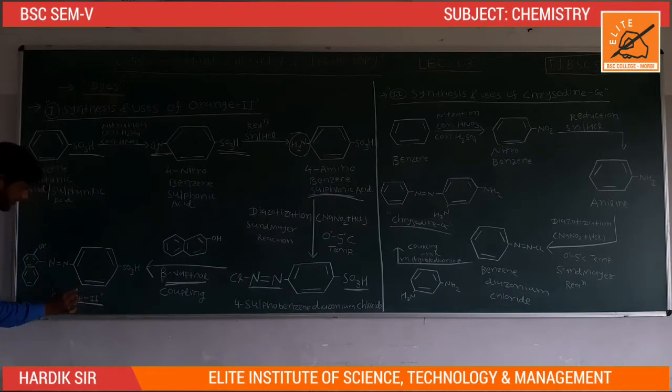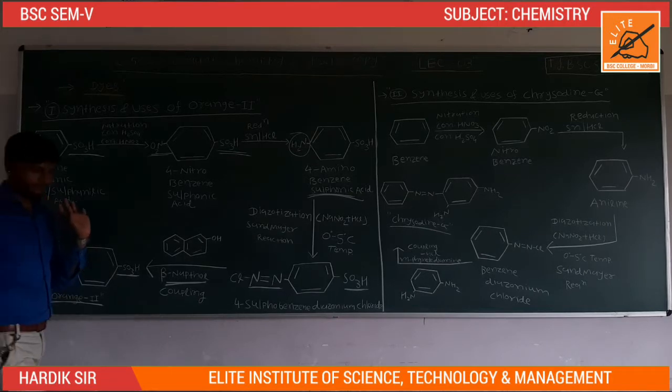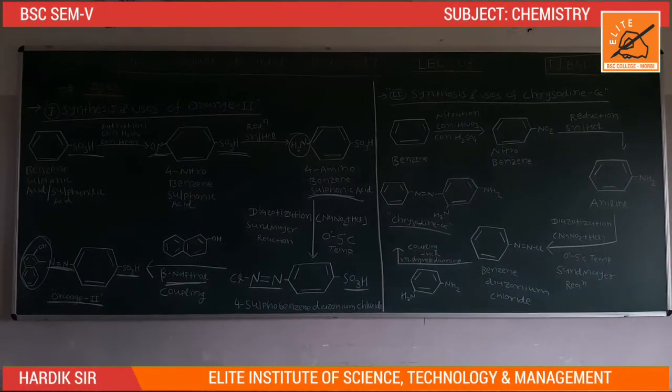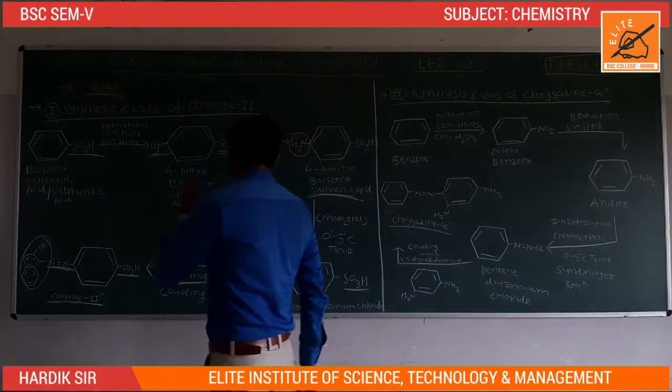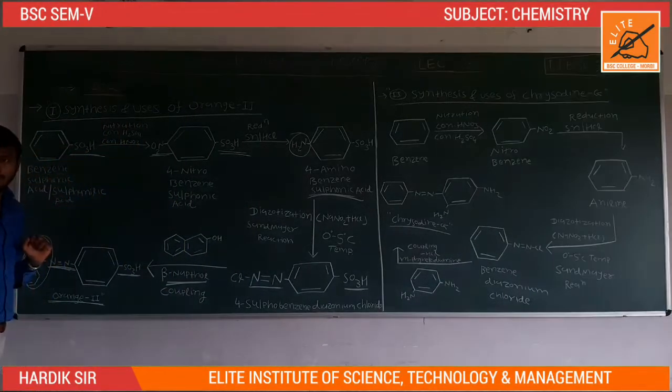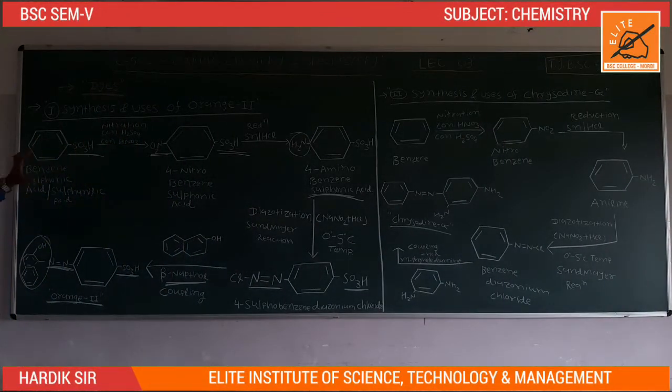This is our final product, orange 2 dye, with the SO3H, and this is our beta-naphthol. So this is the synthesis of orange 2.